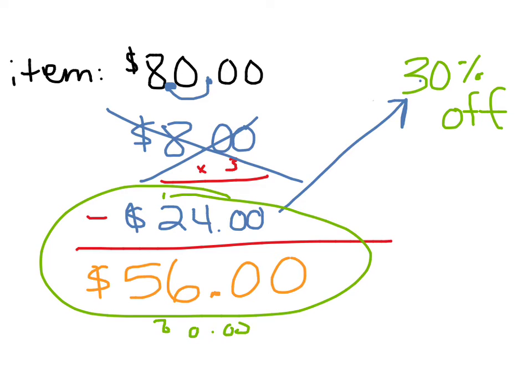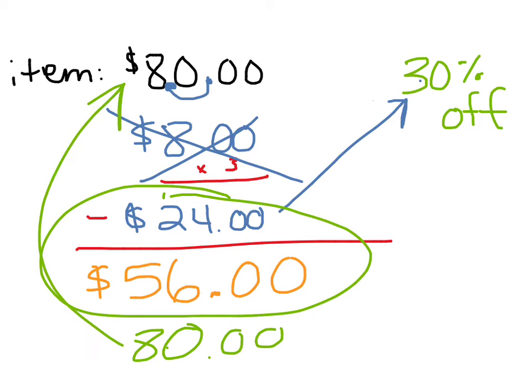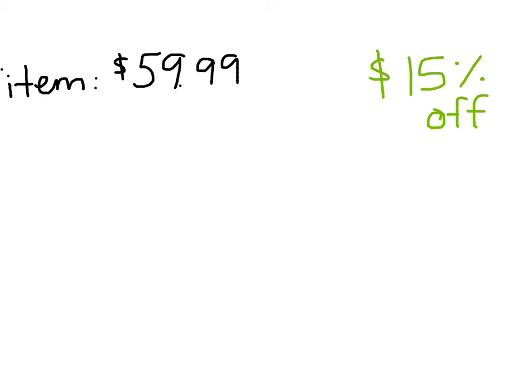Sorry, that's really small and it's my really scratched up writing. 80, yep, that matches. So 30%, that's a big sale. 24 bucks off. So that vacuum or whatever it is that you're buying, 56 bucks when it was originally 80. It's pretty good.